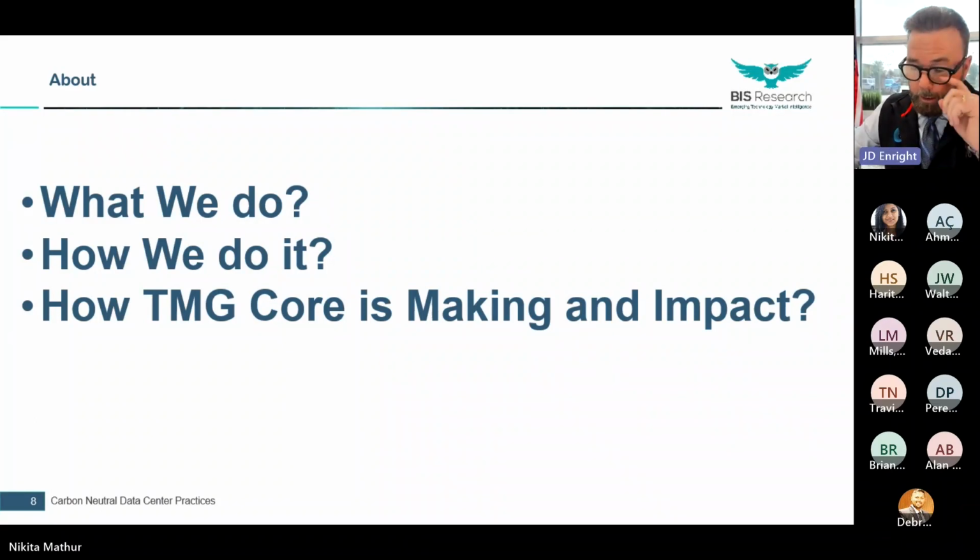And so, how do we make an impact? Well, you mentioned a lot in those couple of slides. Personally, I don't think carbon neutral, great term as it is, really exists.